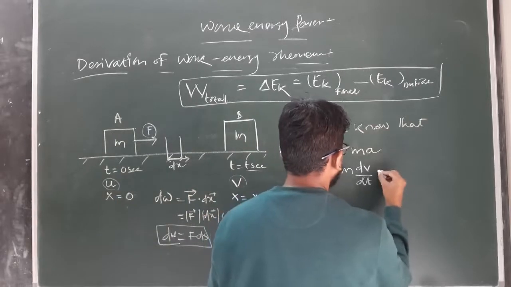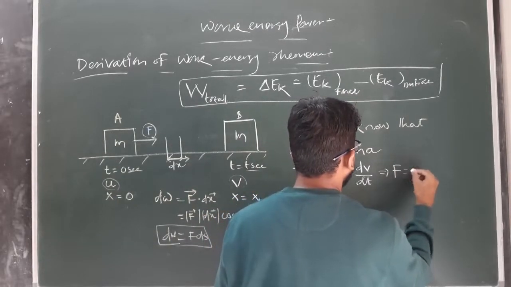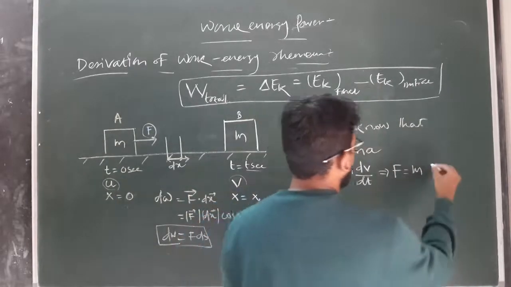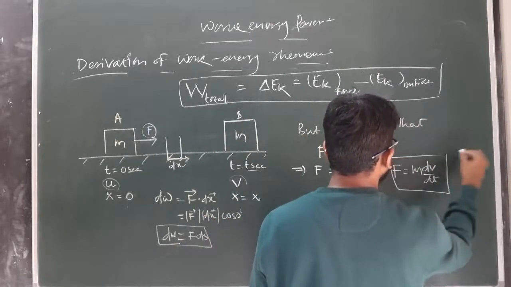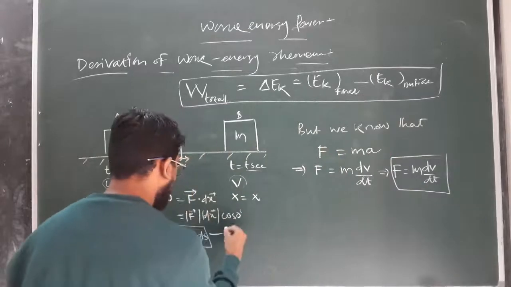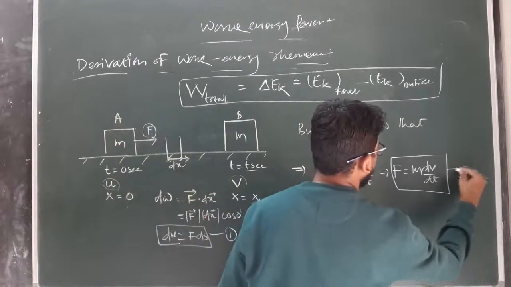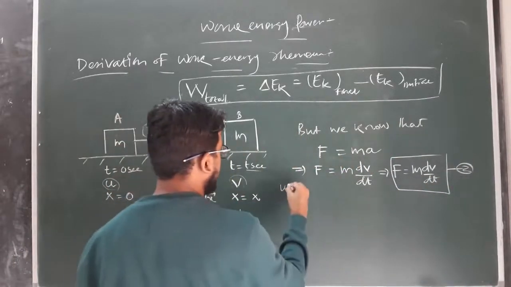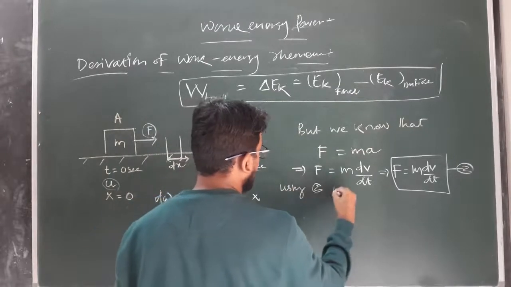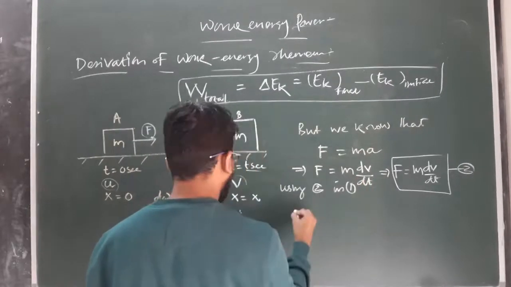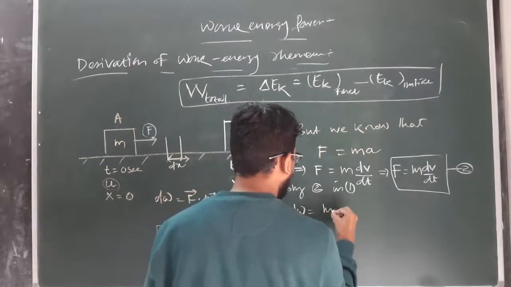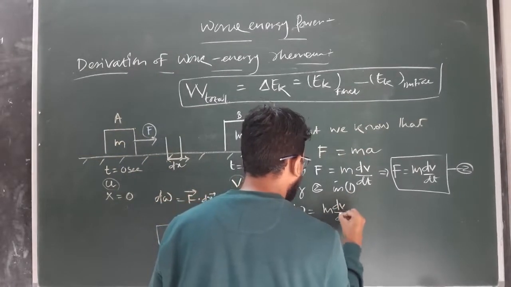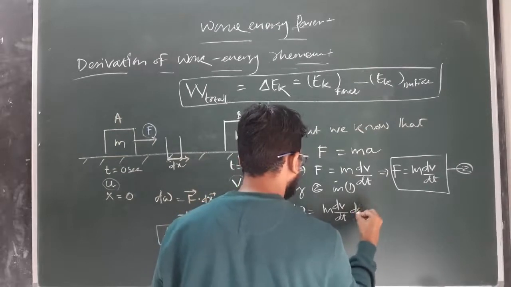So this implies we can write F equal to m into dv by dt. So this is the expression of force. Let this equation be 1 and this equation be 2. So now using 2 in 1, we have the small amount of work done dW will be equal to m dv by dt into dx.